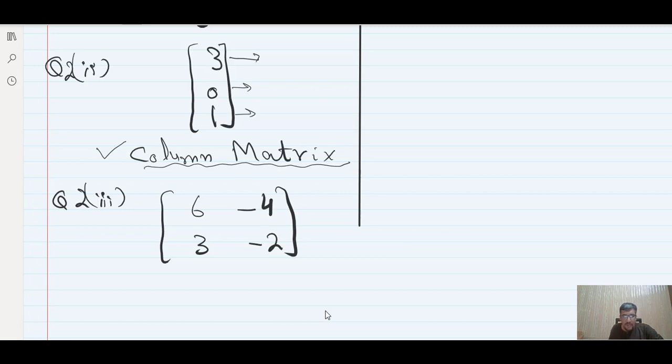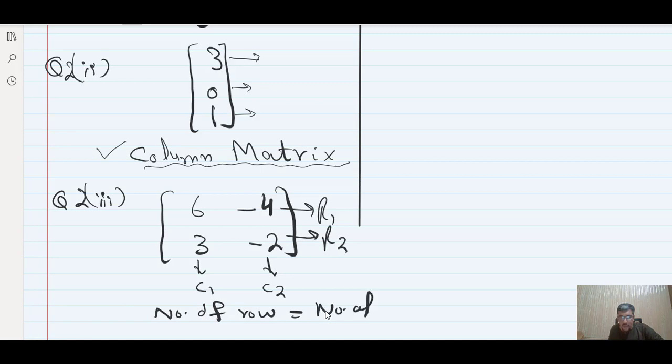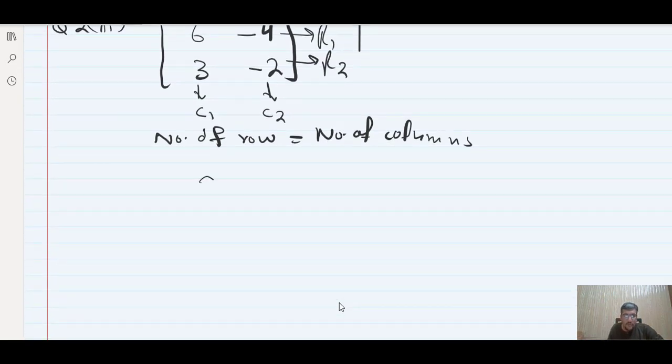So how many rows are there? Row 1 and row 2. How many columns are there? 2 columns, C1 and C2. So the number of rows is equal to the number of columns, 2 equal to 2.